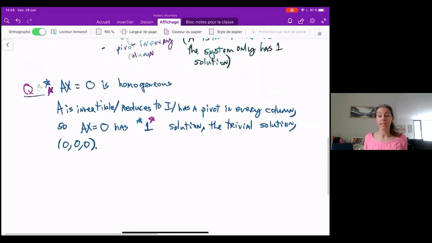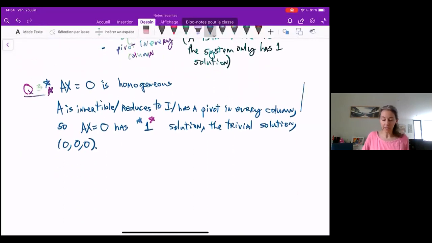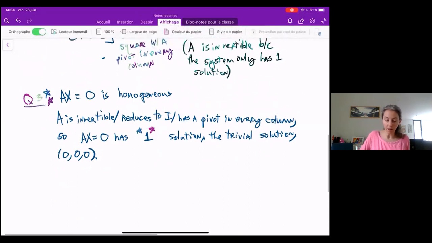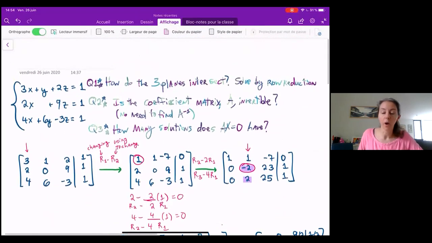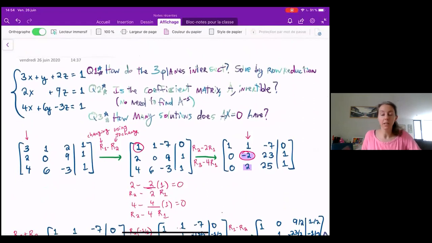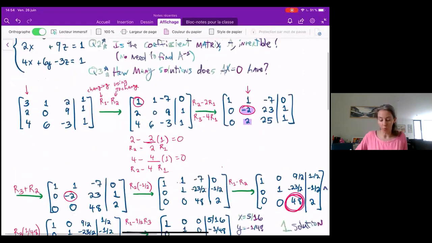So in other words, what this is saying is, if instead of having my constants 1, 1, 1 there, I had 0, 0, 0, then the resulting 3 planes would only intersect at the origin.